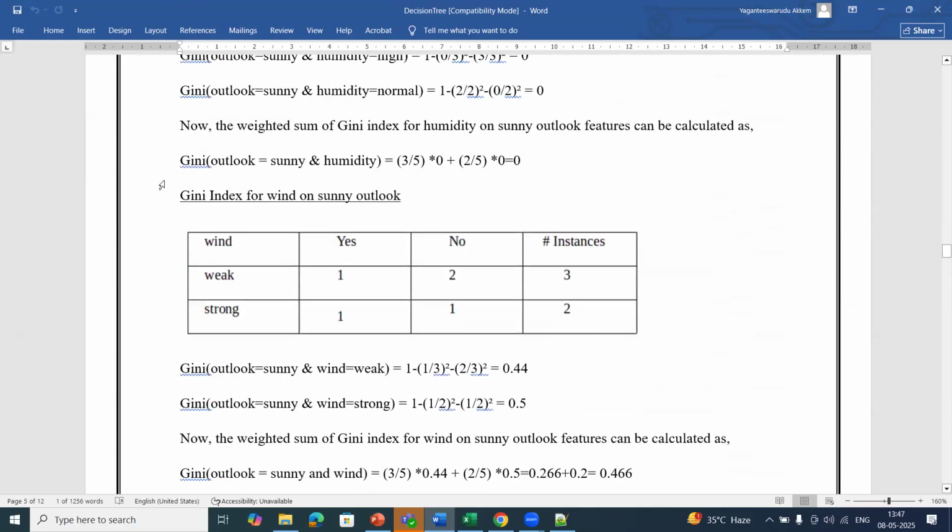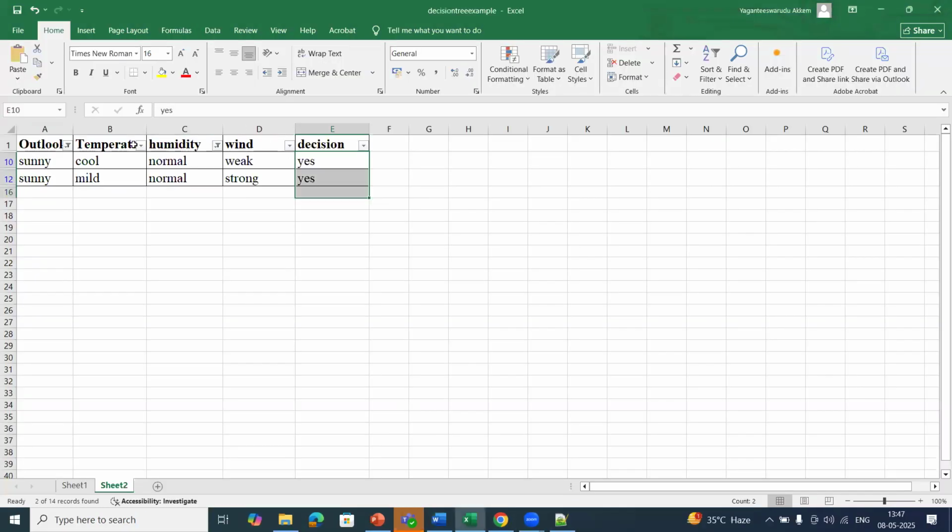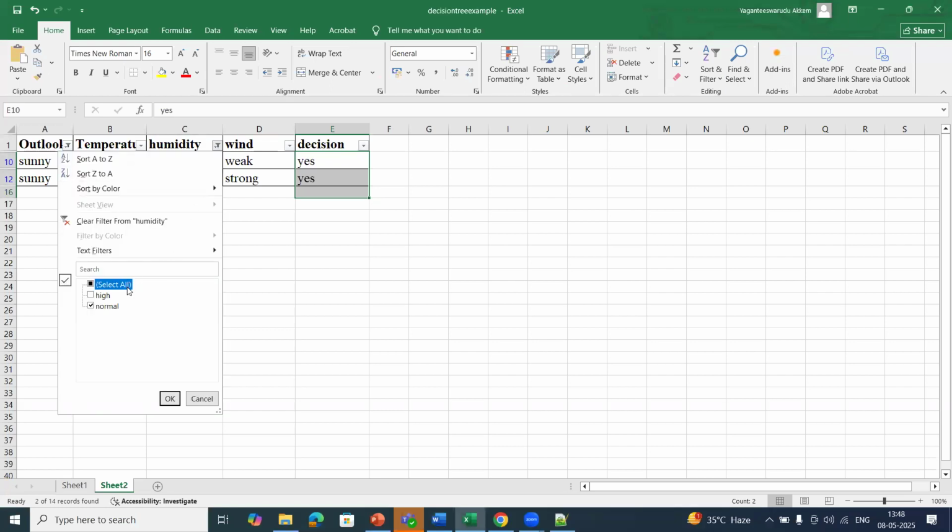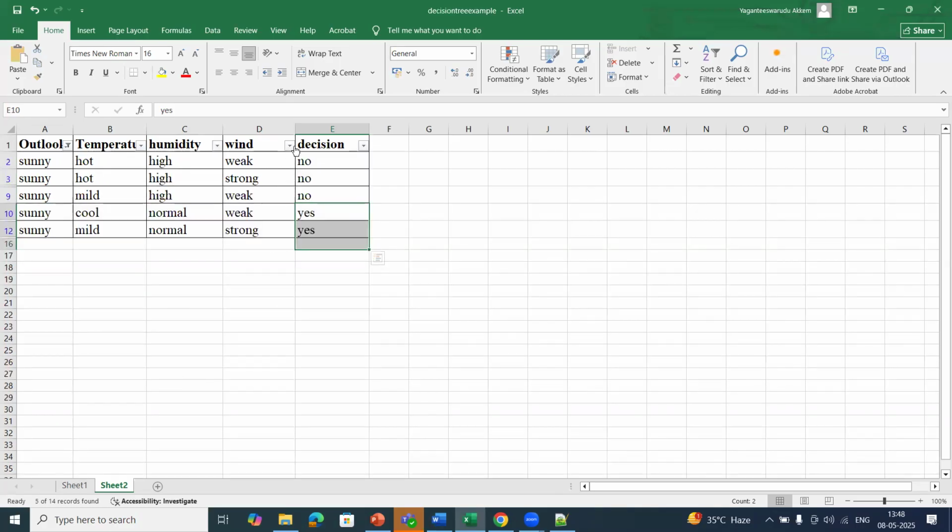And similarly calculate the Gini index for wind. If you filter out wind records, how many values are there? Weak and strong.